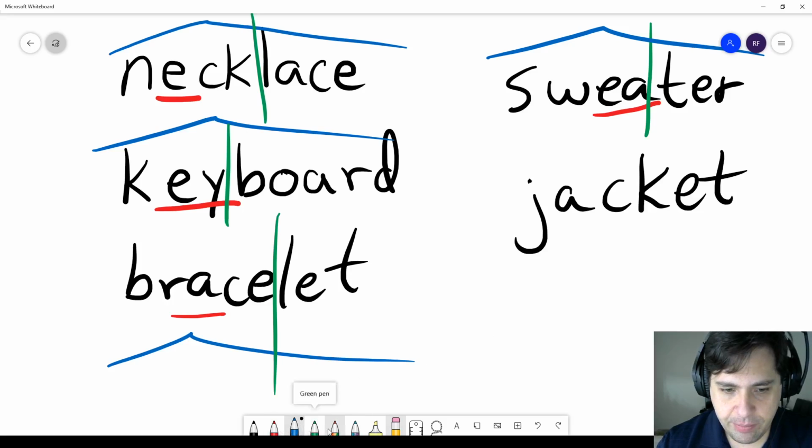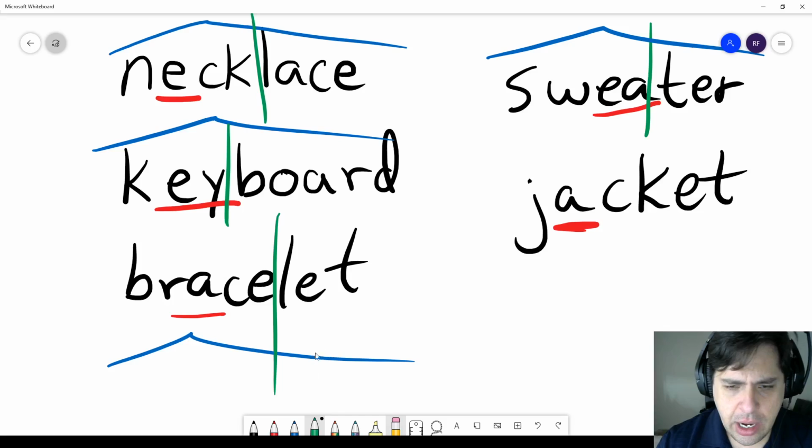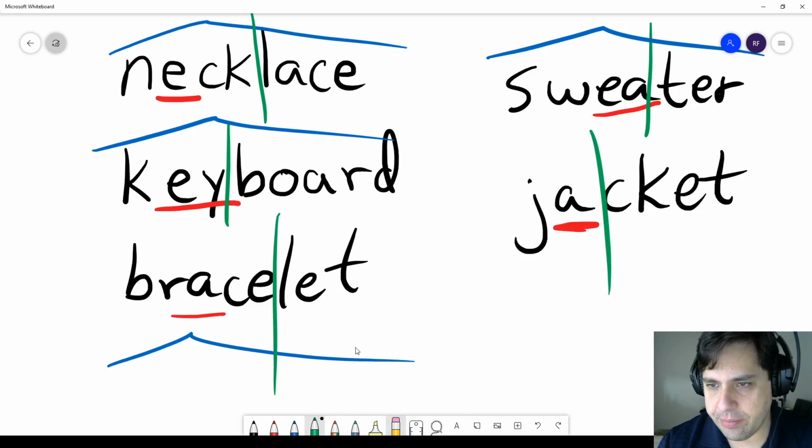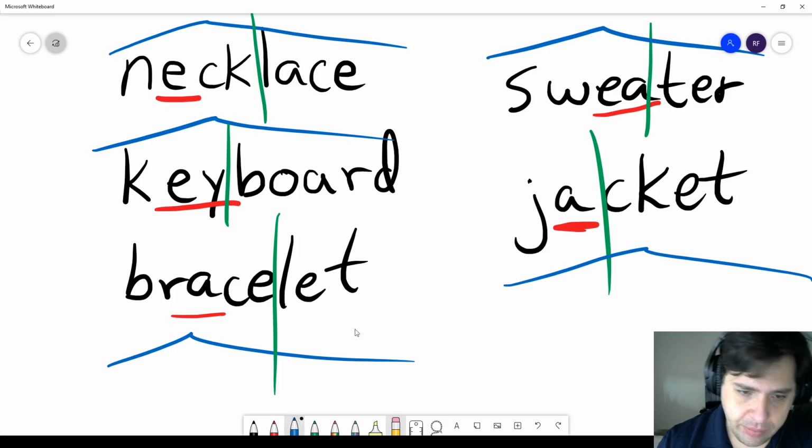Over here, our emphasis will be on the A. And the way that we're going to split it is right here. Okay? So this is how we're going to do it. Jacket. Okay?